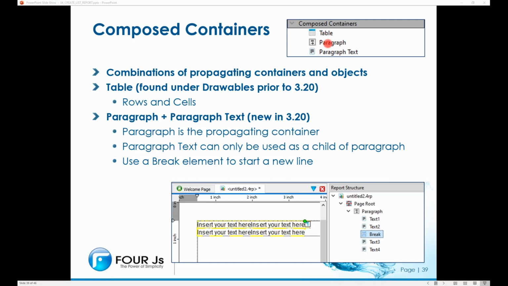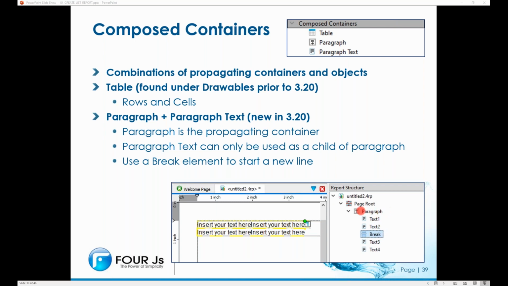In 3.20, we did introduce this concept of a paragraph and a paragraph text. The paragraph is the propagating container. My paragraph texts are the objects within that propagating container. Paragraph texts just attach one next to another. So if you want a break where the second paragraph text starts on a new line, you use the break element to separate the text.